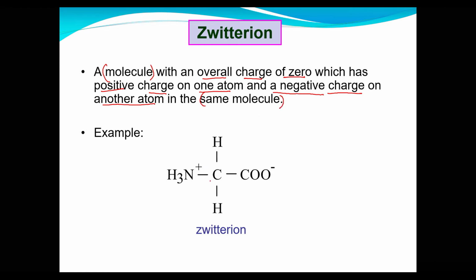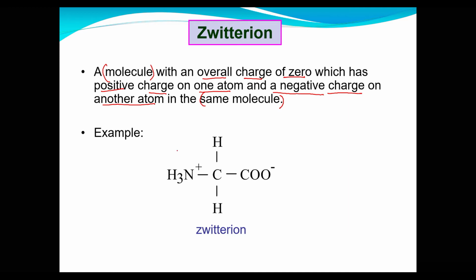The example is given here. This molecule will have an overall charge of 0 because it has a positive charge on one atom here, and also a negative charge on another atom in the same molecule. So this is called a zwitter ion.